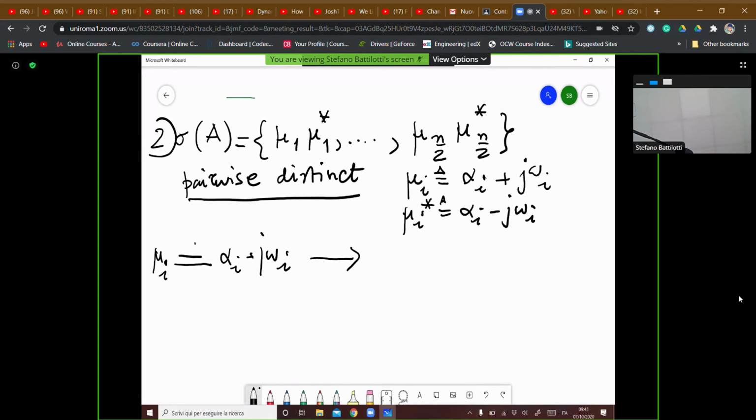So you will find this eigenvector exactly in the same way, according to the definition. The only difference is that in this case, mi is complex. So you have simply to solve, once again, a homogeneous system. Now, the system has complex coefficients, so the solution will be complex.